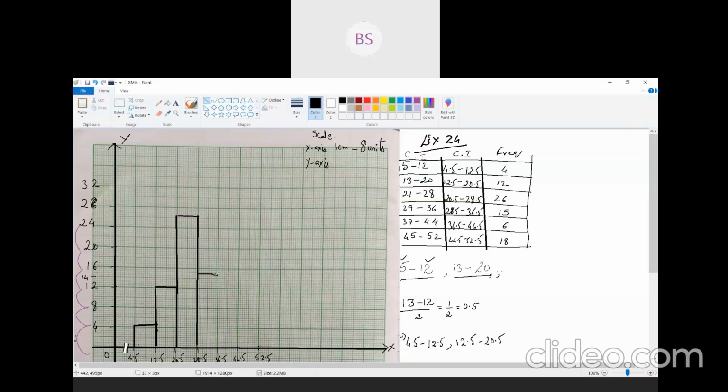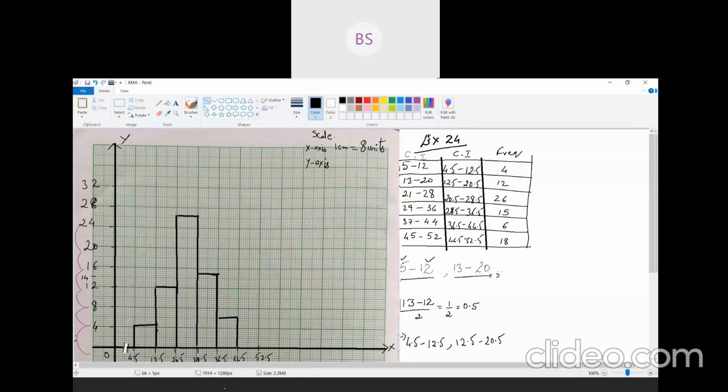So this will be the value. Okay. Next, 36.5 to 44.5. The value is 6. So this height will be 6.